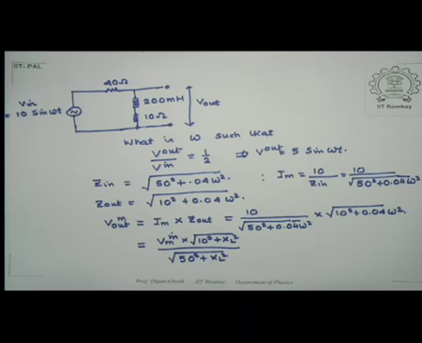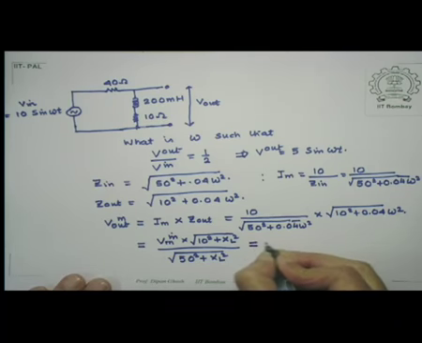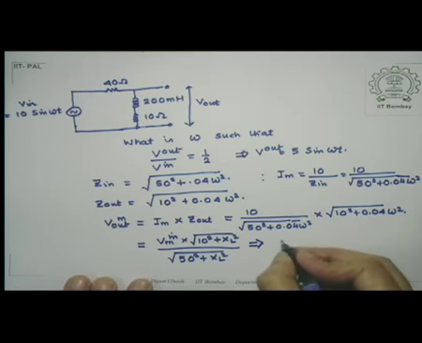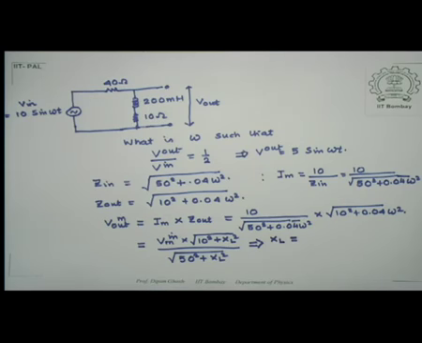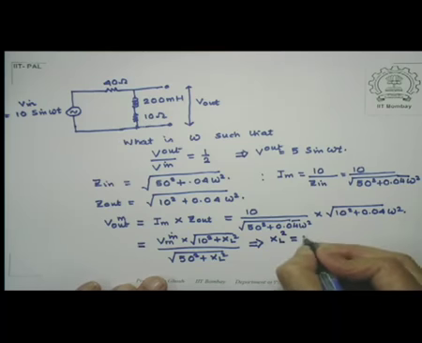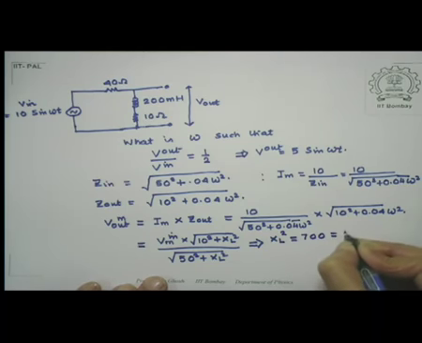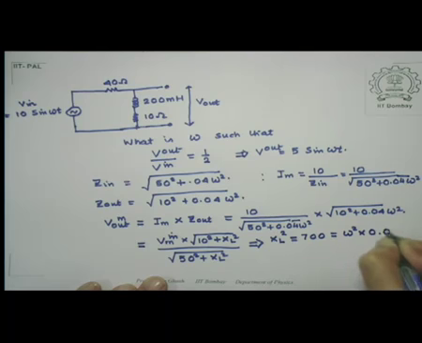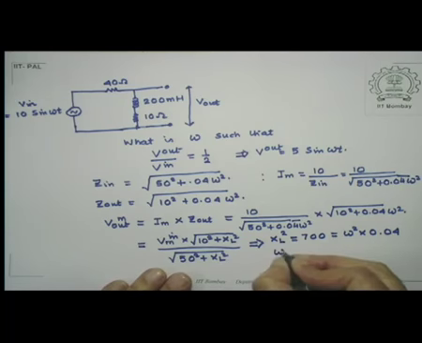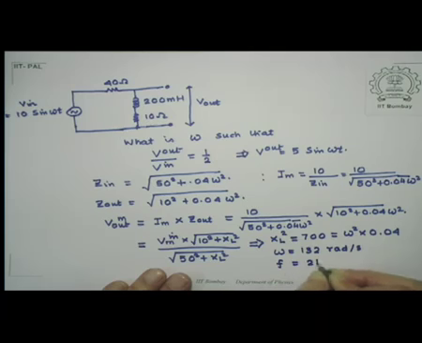By substituting this, I can immediately find the value of XL. So XL squared turns out to be 700, and that's equal to omega squared into 0.04. If you simply solve this equation, you get omega to be 132 radians per second, which corresponds to a linear frequency of 21 Hz.